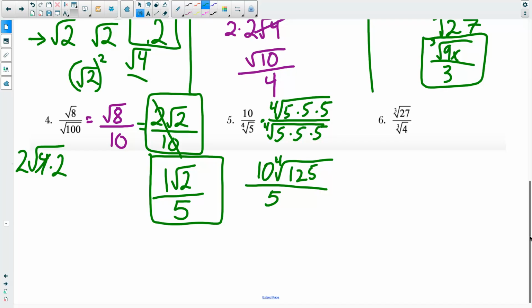Radical stays, nothing gets simplified in there. It's just the numbers on the outside that you have to deal with.